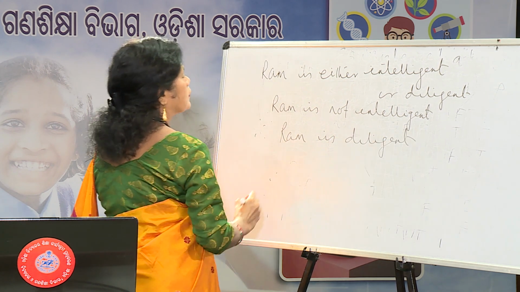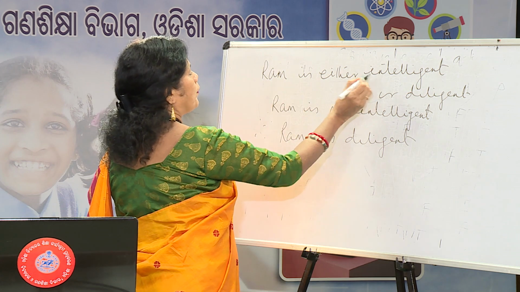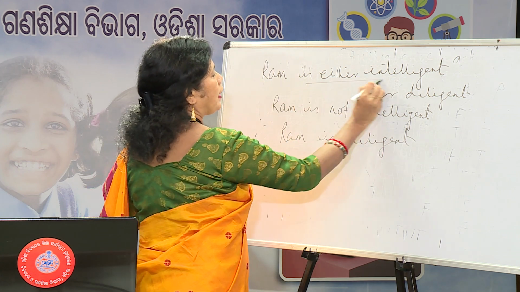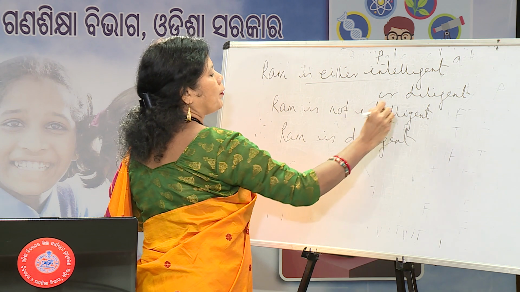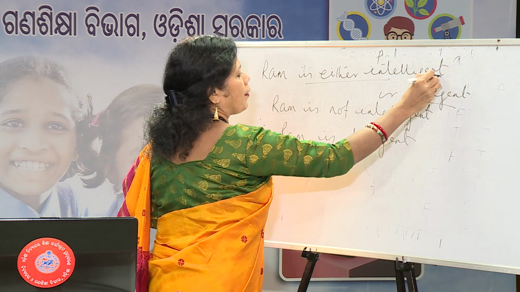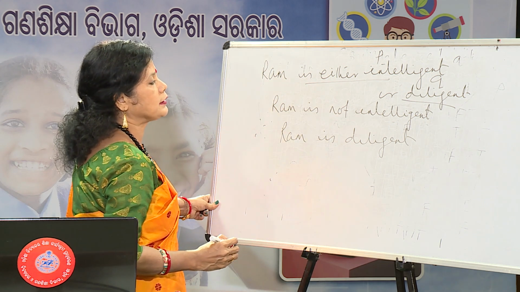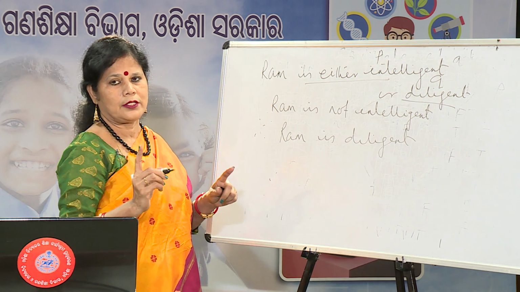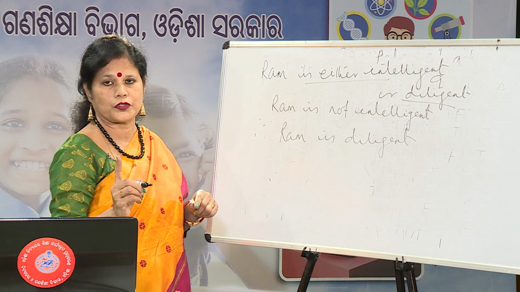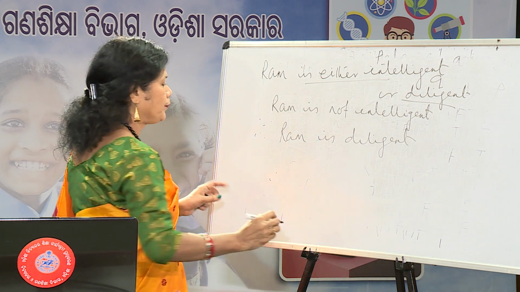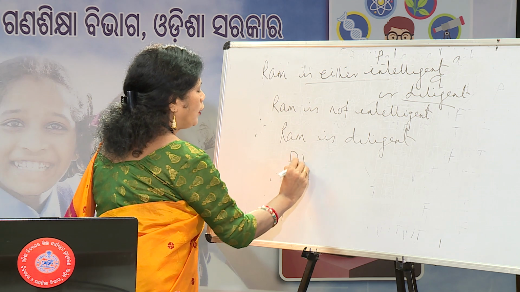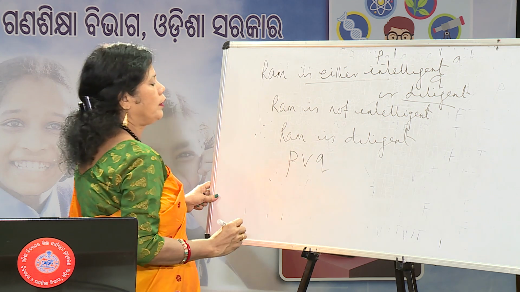Okay. So, one proposition is Ram is intelligent, which we call P, and another proposition is Ram is diligent, which we call Q. Now Ram is either intelligent or diligent, either-or, so this is a disjunctive proposition. The sign is the V sign. So, P or Q, this is your major premise.